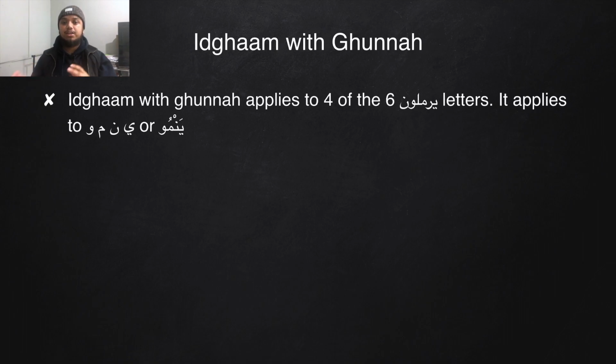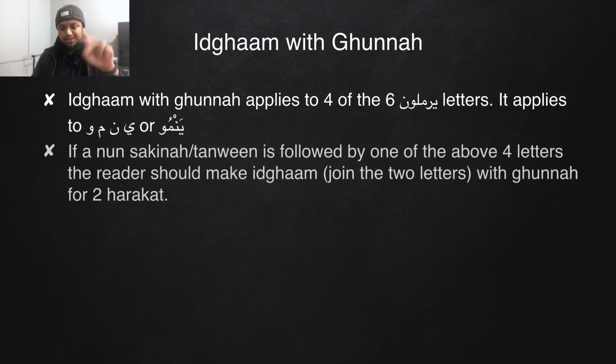So whenever a Noon Sakina or a Tanween is followed by Yanmu, Ya, Noon, Mim, or Waw, then we do Idgham with Ghunnah for 2 harakat. So the reader should join the 2 letters with Ghunnah for 2 harakat.